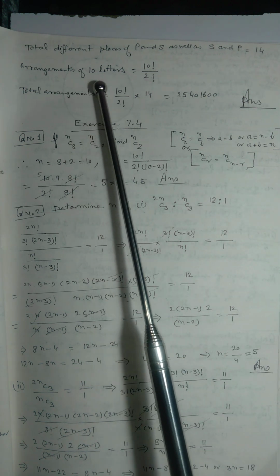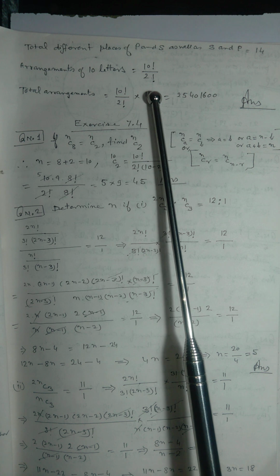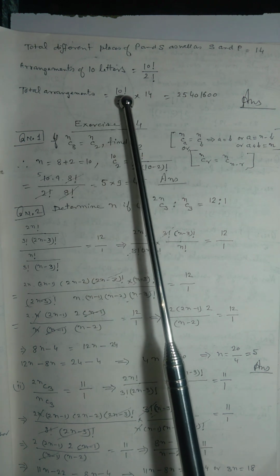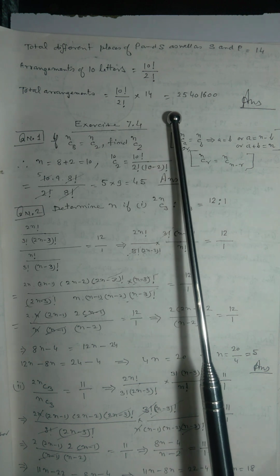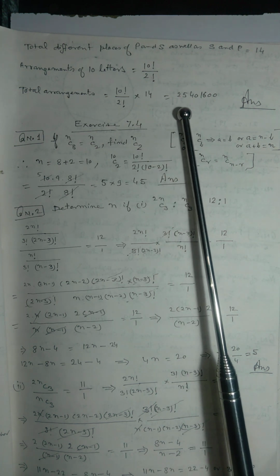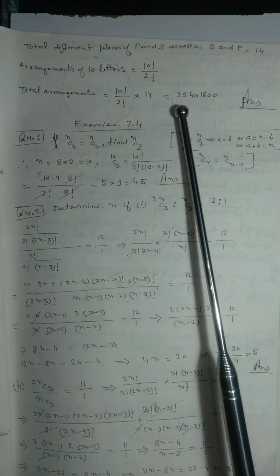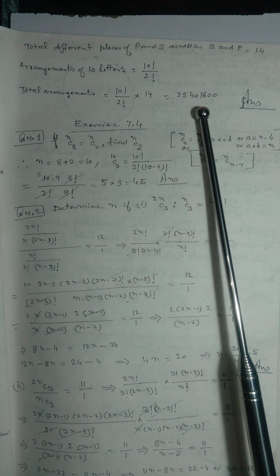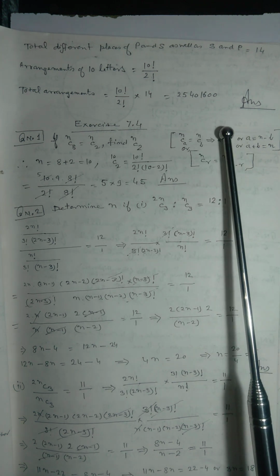So arrangement of the 10 letters is equal to 10 factorial upon 2 factorial. The total arrangement will be 10 factorial upon 2 factorial into 14. That will be equal to 25,40,1600. This will be the answer of third part.